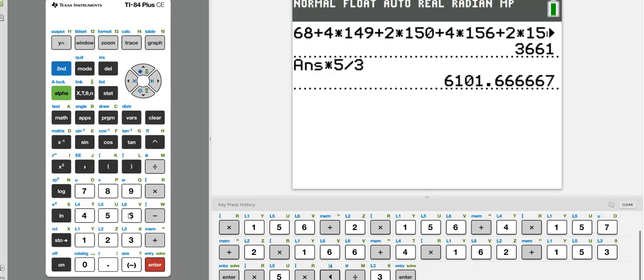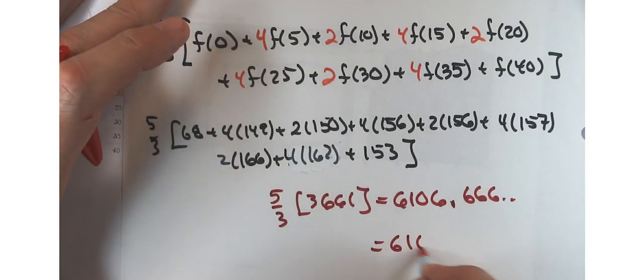So 5/3 times 3661 gives 6101 and 2/3, or 6106 and 2/3.